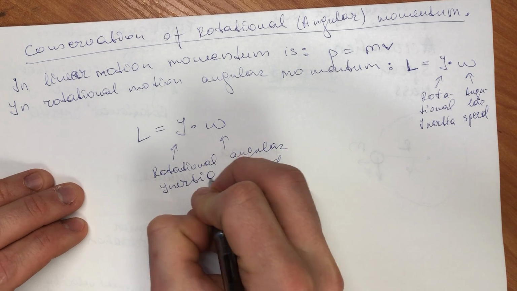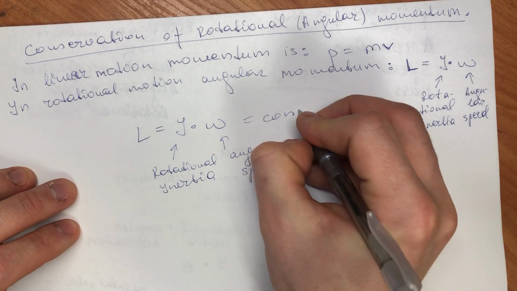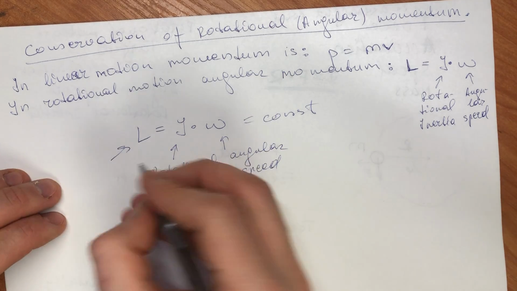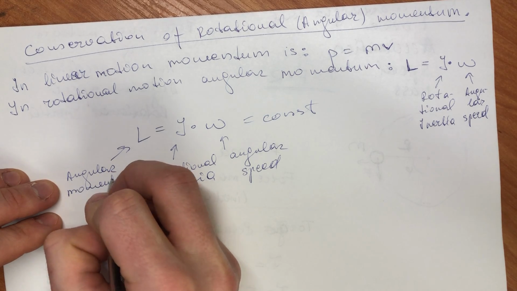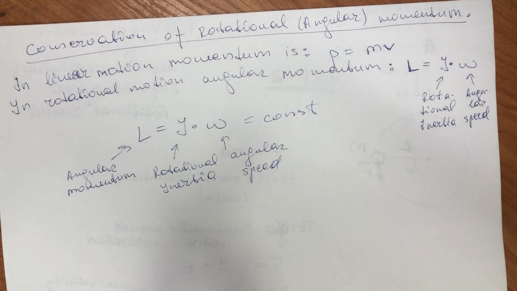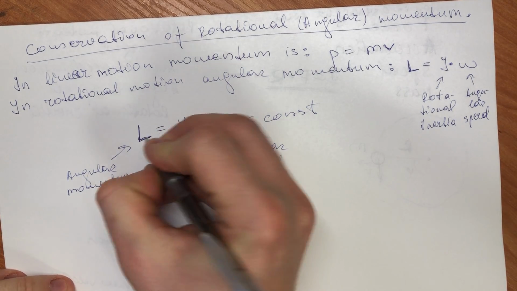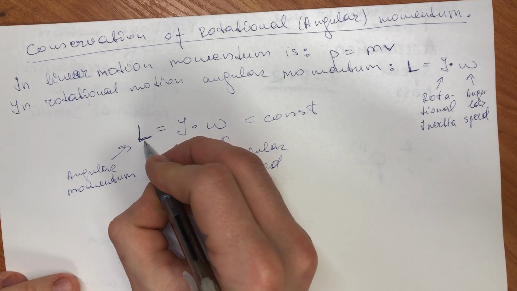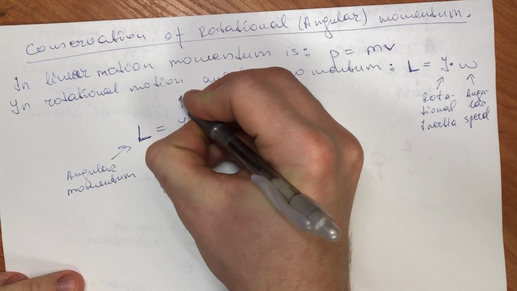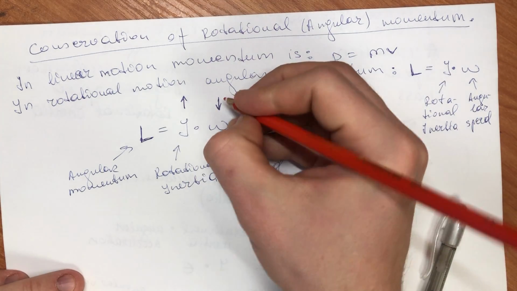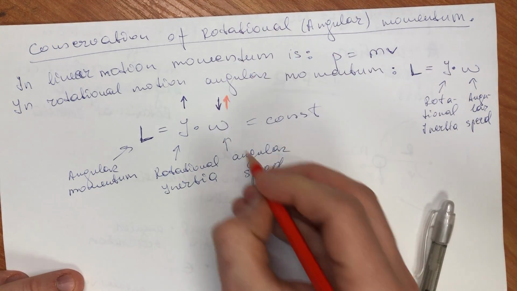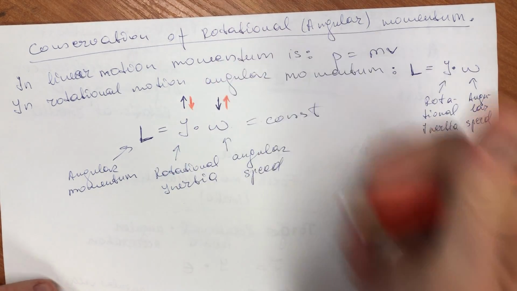This is angular momentum, or rotational momentum, and this is constant. L is constant. So if rotational inertia increases, angular speed has to go down. And if angular speed increases, rotational inertia has to go down.